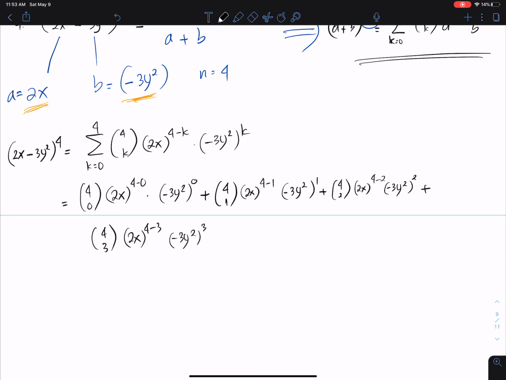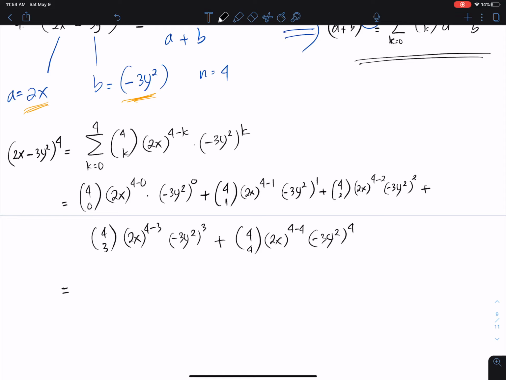Plus k equal to 4: combination 4 4, 2x to the power of 4 minus 4, times minus 3y squared to the power of 4. Okay, so done. Now we need to calculate.